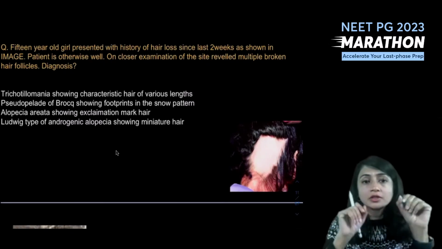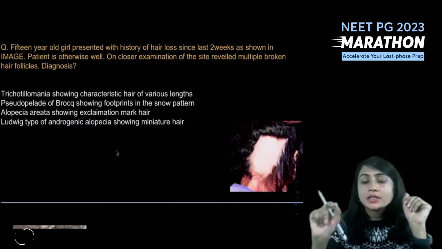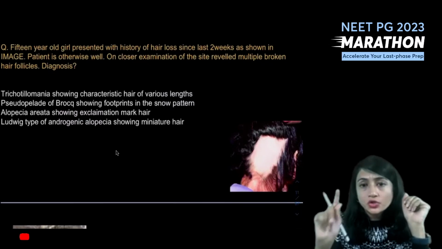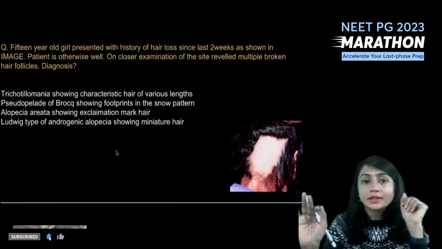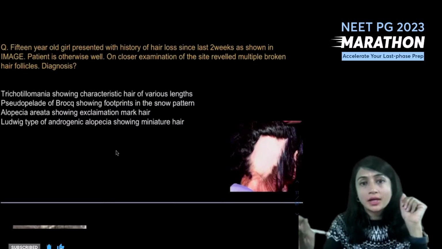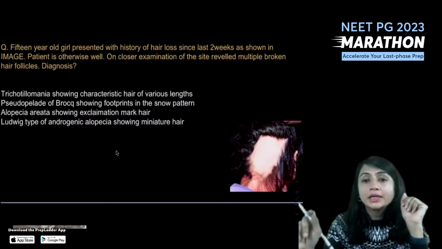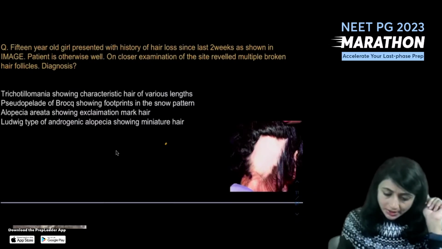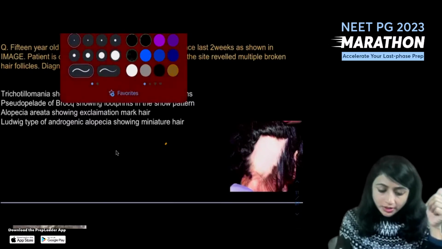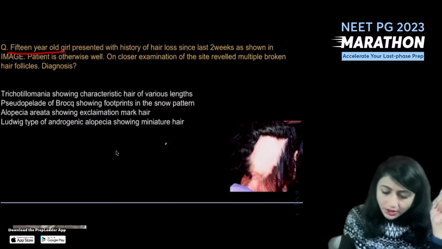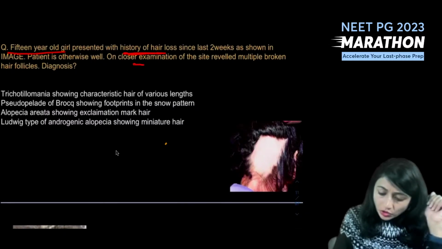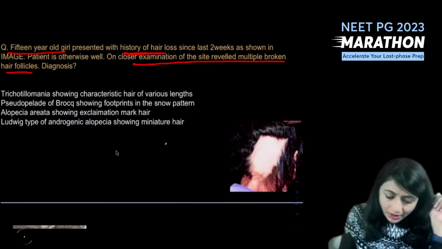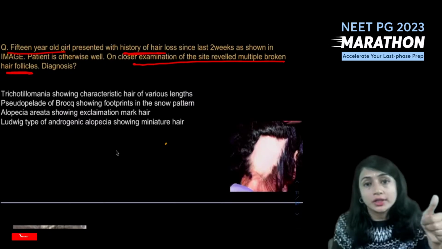So, a 15-year-old girl presented with history of hair loss since last 2 weeks, as shown in the image. The patient is otherwise well. On closer examination of the site, multiple broken hair follicles are seen. So, what are the important pointers in the question here? I have a 15-year-old girl with a history of hair loss, and on closer examination, I see multiple broken hair follicles.